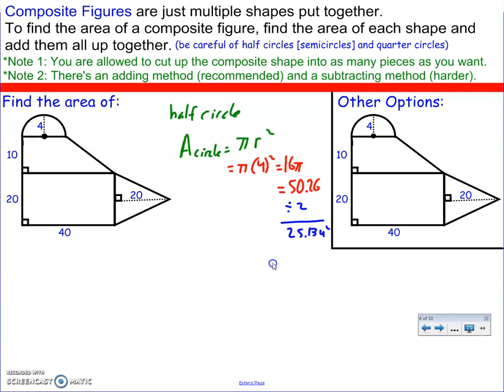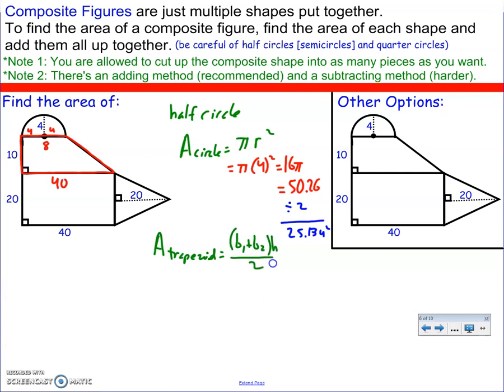Now we're going to find this, that's a trapezoid. Do we know the base? We know the bottom's 40. Do we know the top? Answer is yes. That's part of that semicircle. The radius is 4. That means this is 4 and this is 4. So together that's 8. So area of the trapezoid is base 1 plus base 2 times height over 2.